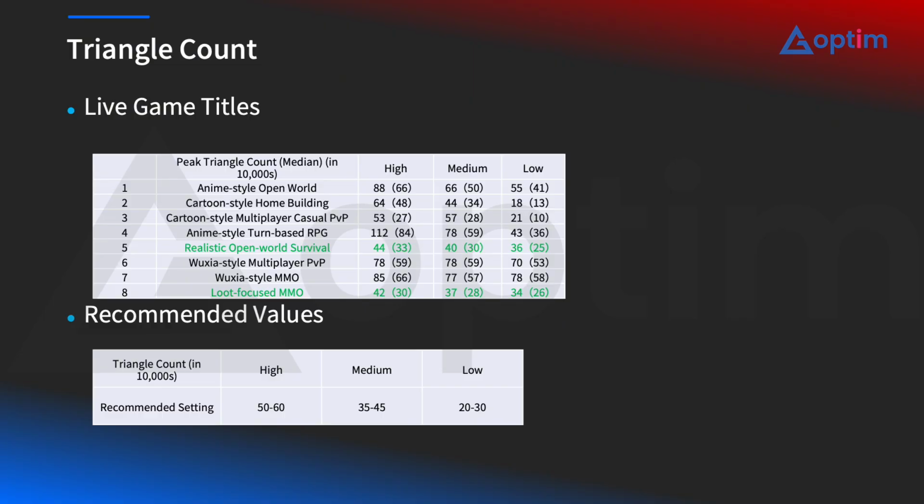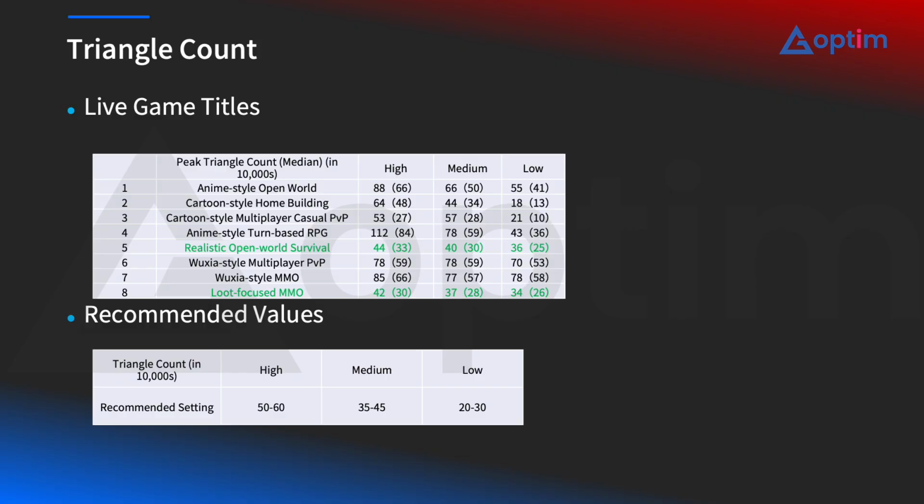Based on this real-world dataset, we can derive an empirical guideline range. For high quality, we recommend keeping triangle counts within 500,000 to 600,000. Beyond this range, it becomes much easier to enter high load or thermal stress conditions. For medium quality, the recommended range is around 350,000 to 450,000.